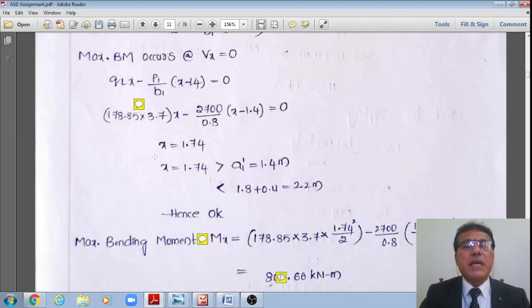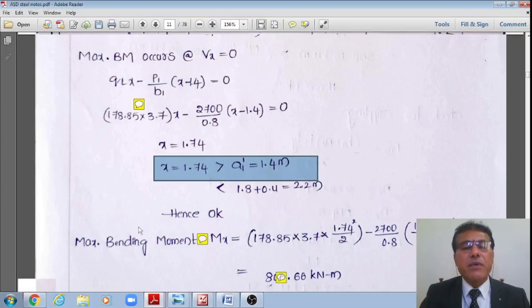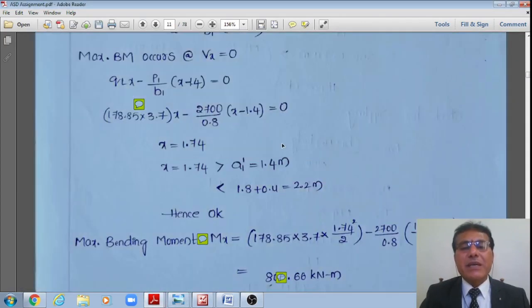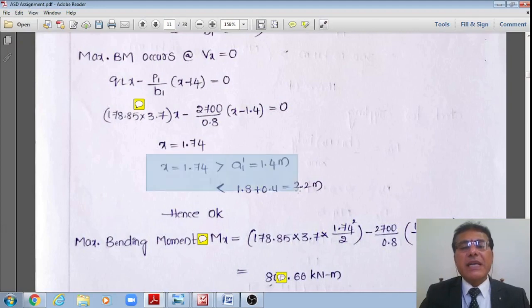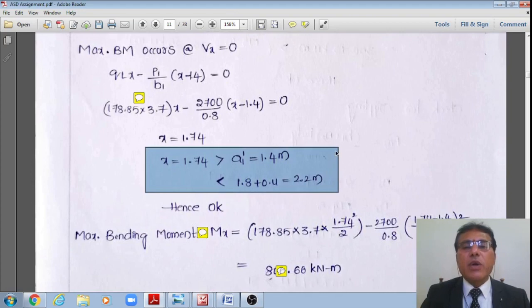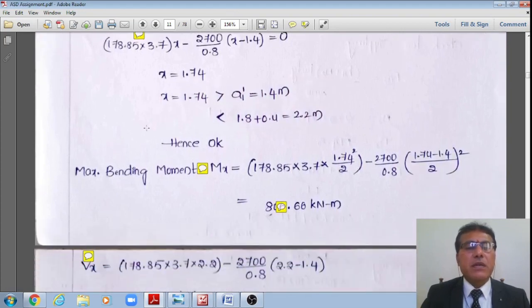You can see that the section x equal to 1.74 is just greater than 1.4 meter and less than this upper bound. Therefore there is no error in the calculation. If this is not satisfied, it indicates that there is some error in the calculation. There is no error in the calculation of the shear force nor that of the bending moment.